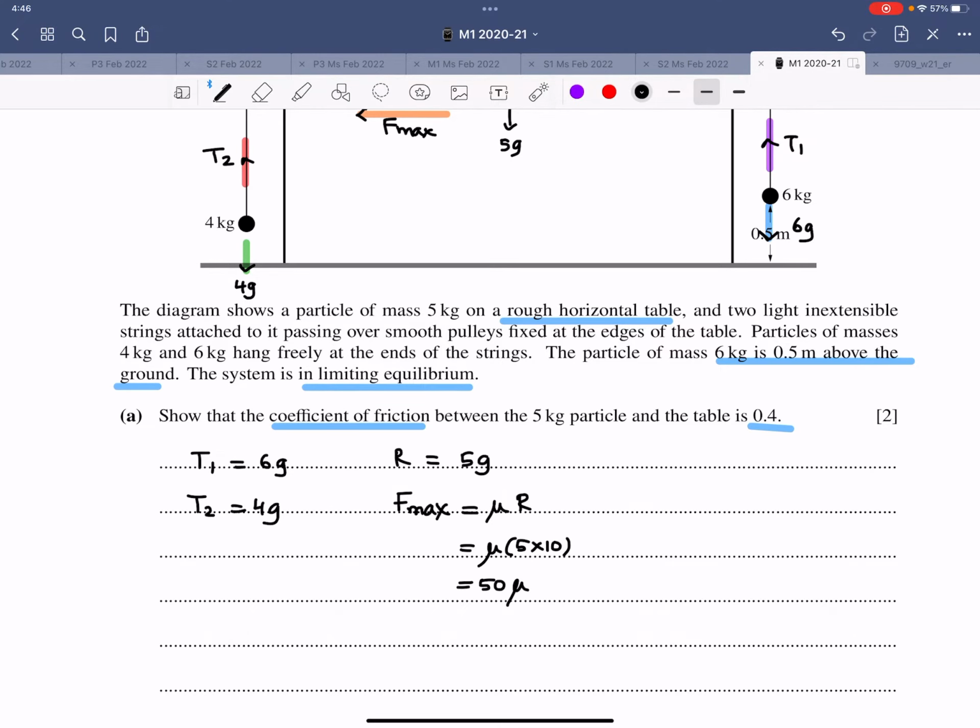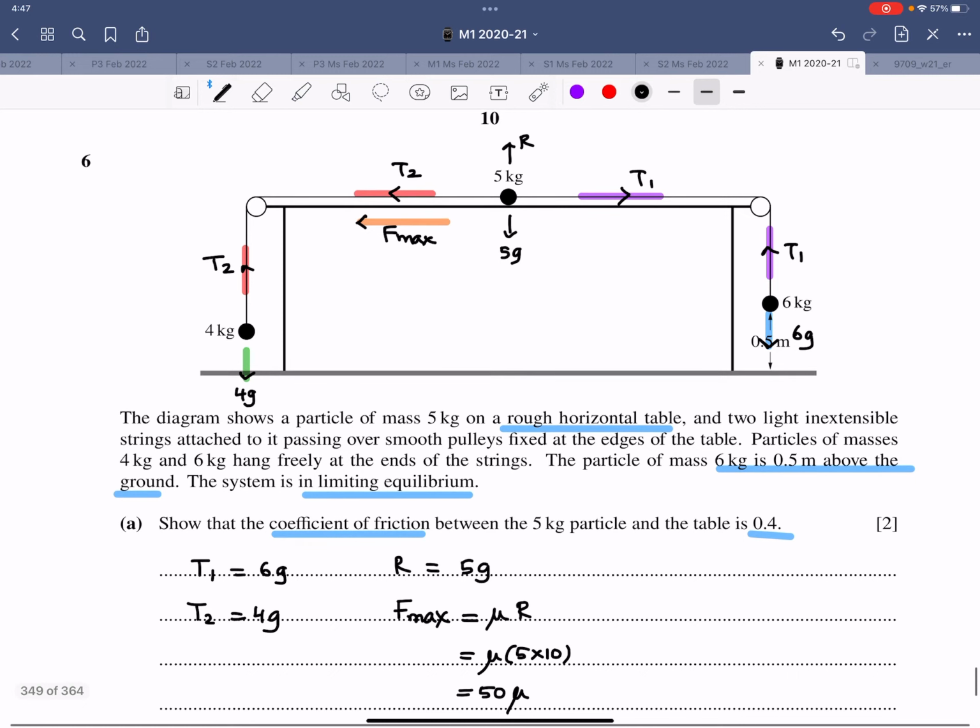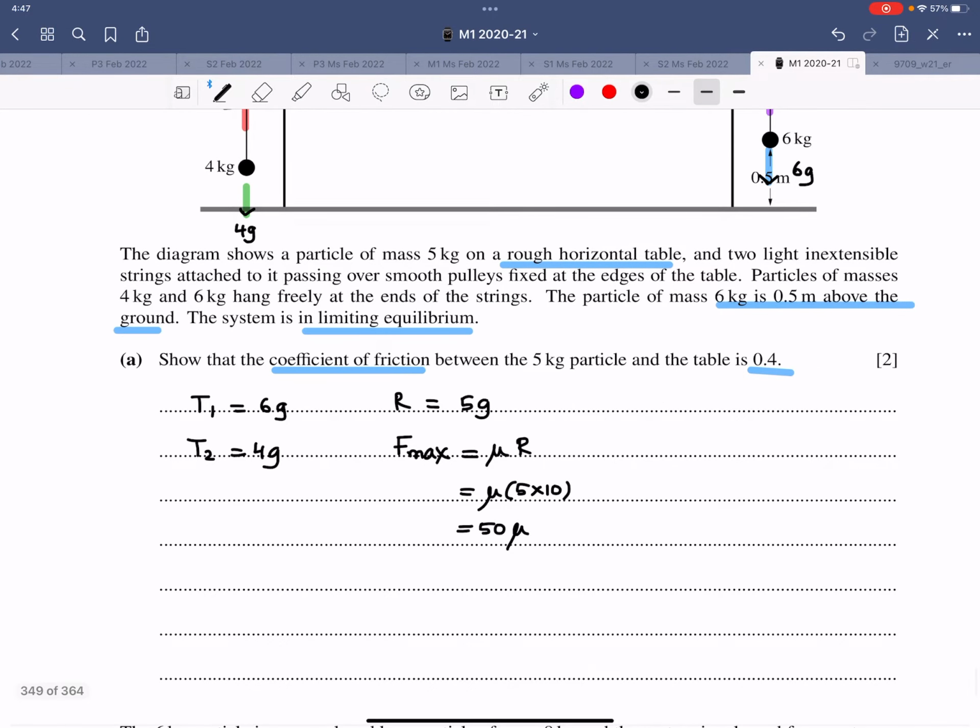Now what is the equation for this part? T1 is to the right, T2 is to the left, F max is to the left. So T1 is 6g, T2 is 4g, F max is 50 mu. This is 60 minus 40 divided by 50, that is equal to mu, 20 over 50.